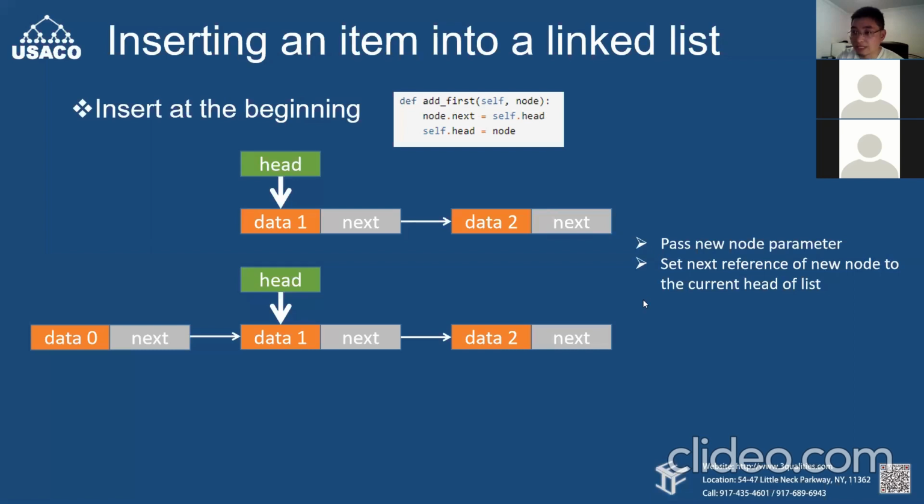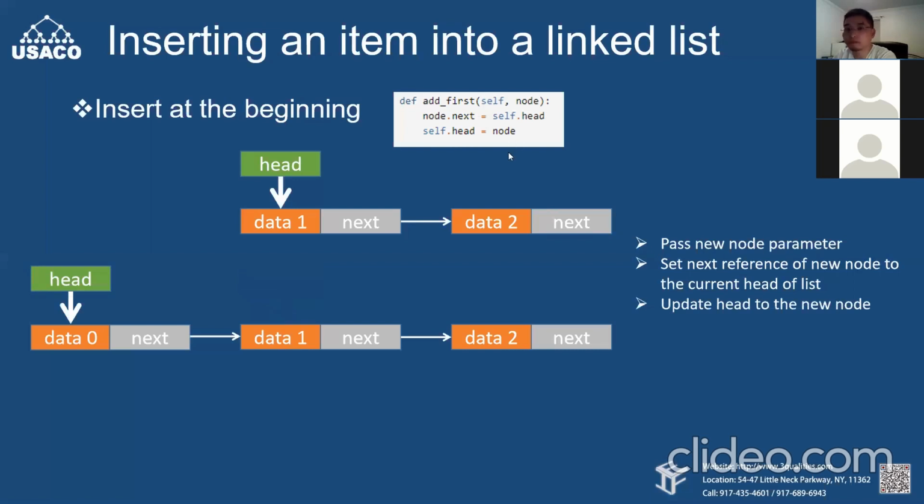And what's next? Next, you need to update the head to be the new node. That's it, 2 steps helping you update your head to be the new node, or insert the new node at the beginning of the whole list.